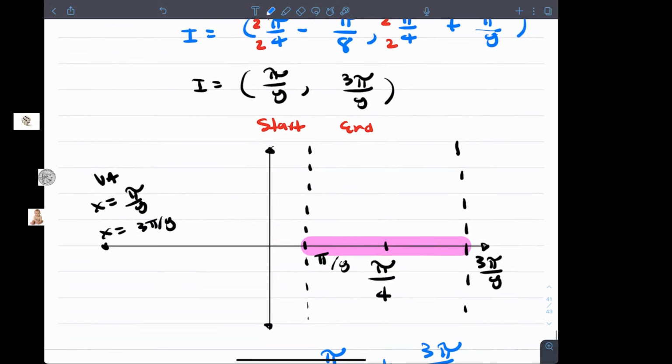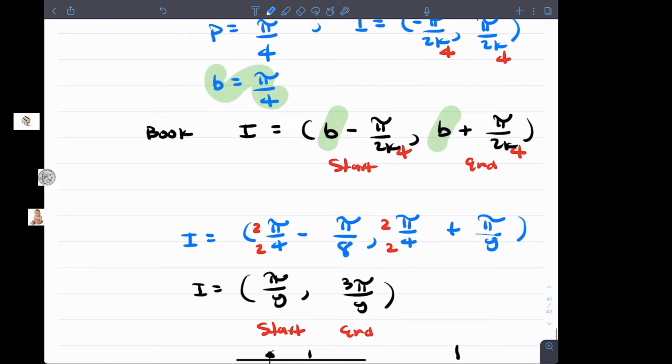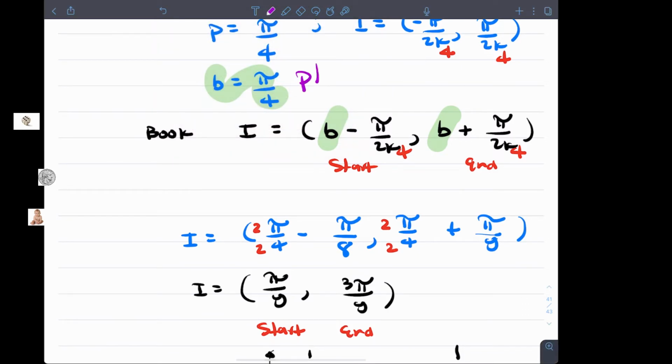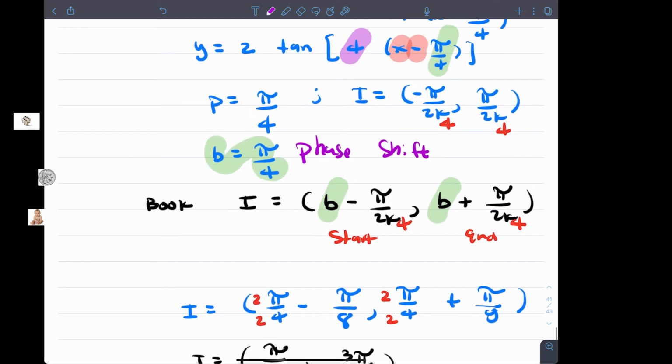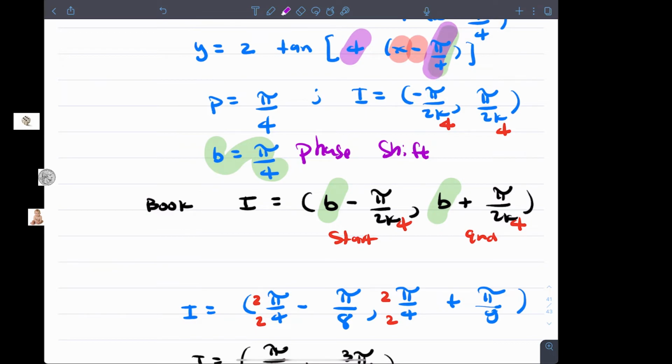So does that make sense? Say yes. Why does that make sense? This was our phase shift, is that right? Is that the phase shift? Yes. I think I'm coloring it the wrong color. Isn't that the phase shift?